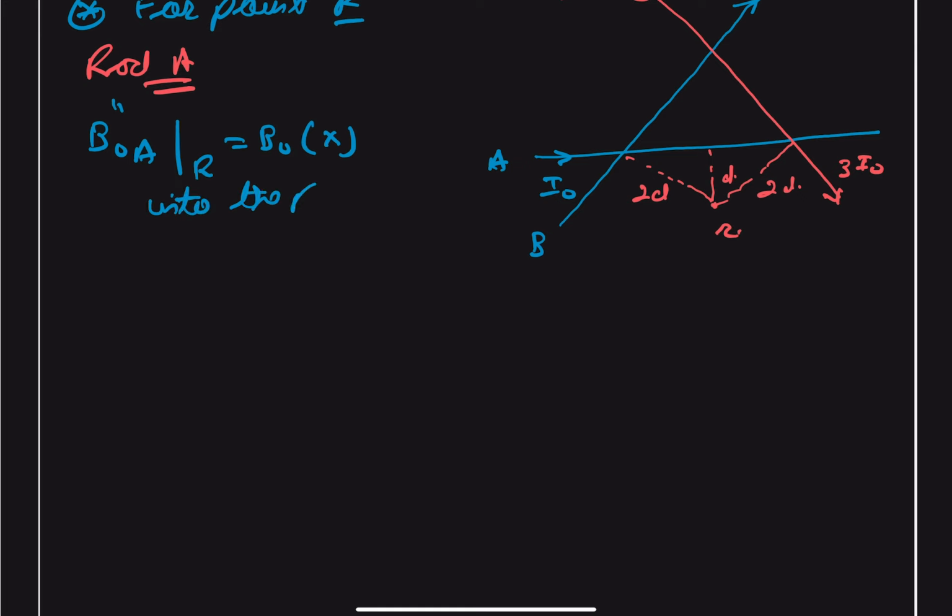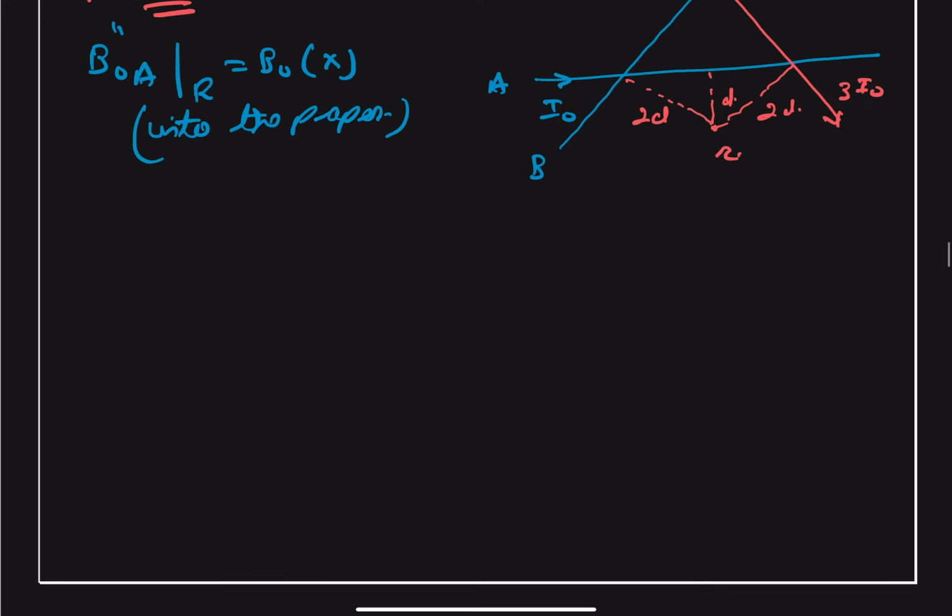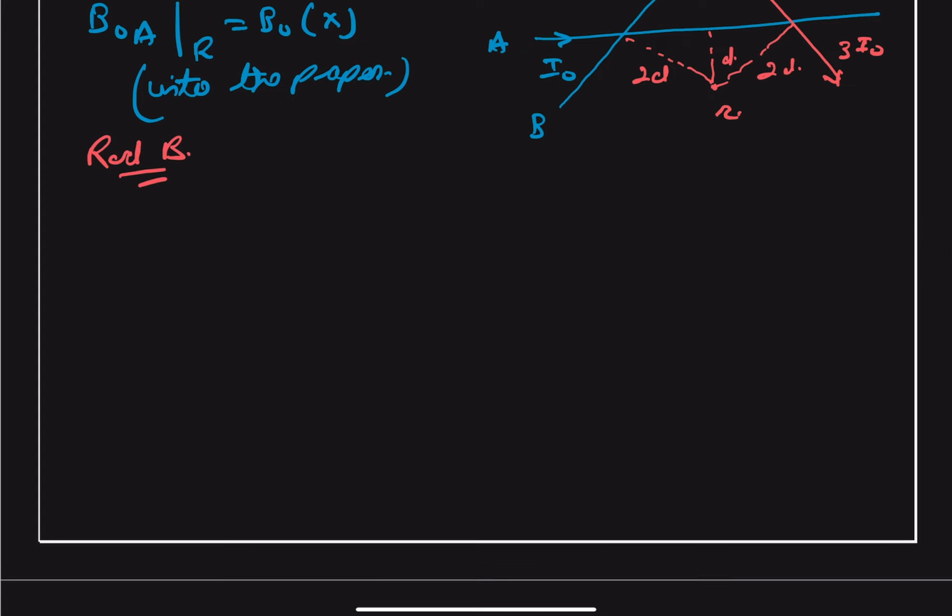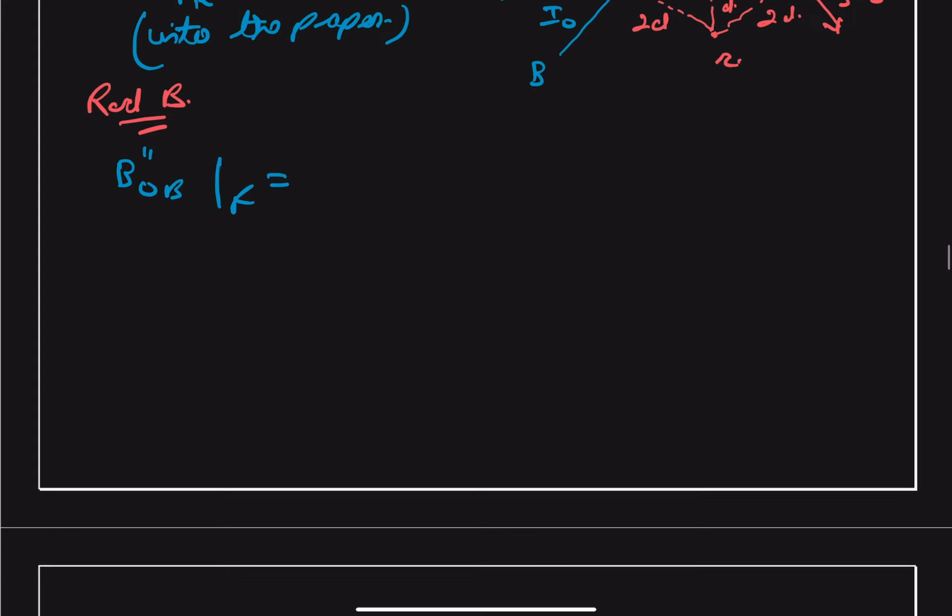Now is our rod B. So the magnetic field because of rod B at point R will be half B naught, and this will also be into the paper.